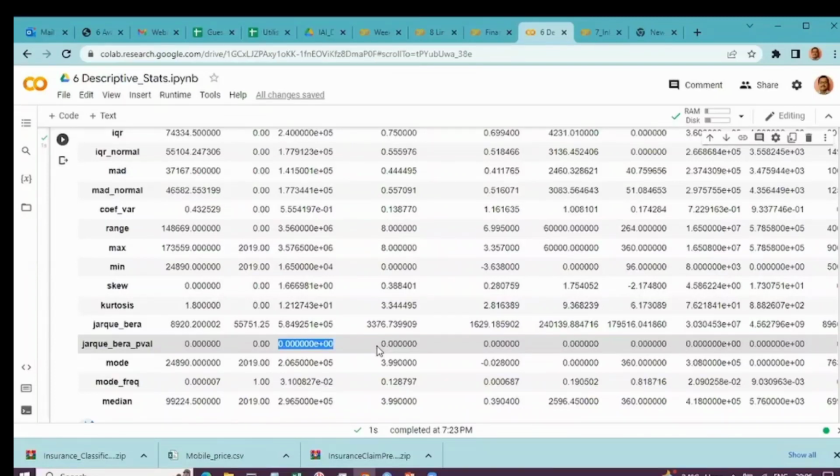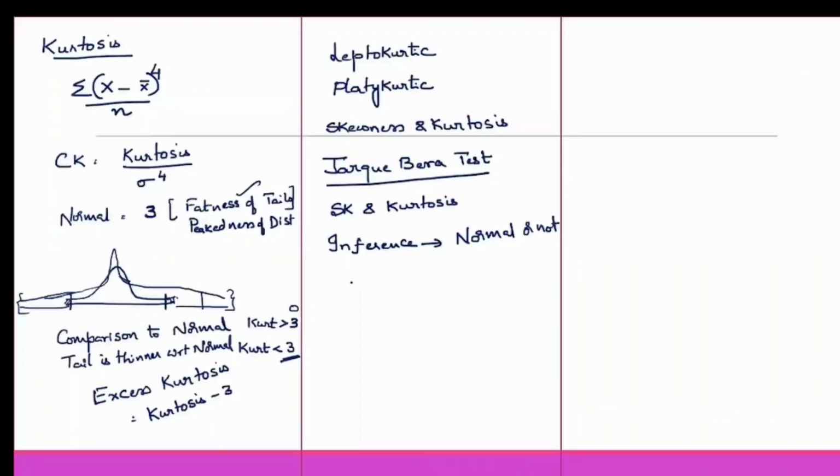We are simply saying just look at the Jarque-Bera p-value. If the p-value is less than 0.05, then you say the data is not normal. That particular data is not normal statistically.